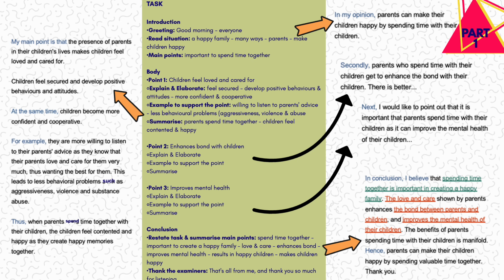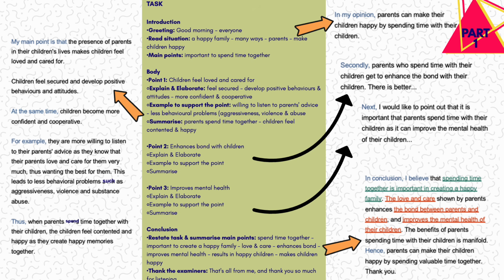At the same time, children become more confident and cooperative. You give example. For example, they are more willing to listen to their parents' advice as they know that their parents love and care for them very much, thus wanting the best for them. This leads to less behavioral problems such as aggressiveness, violence, and substance abuse.